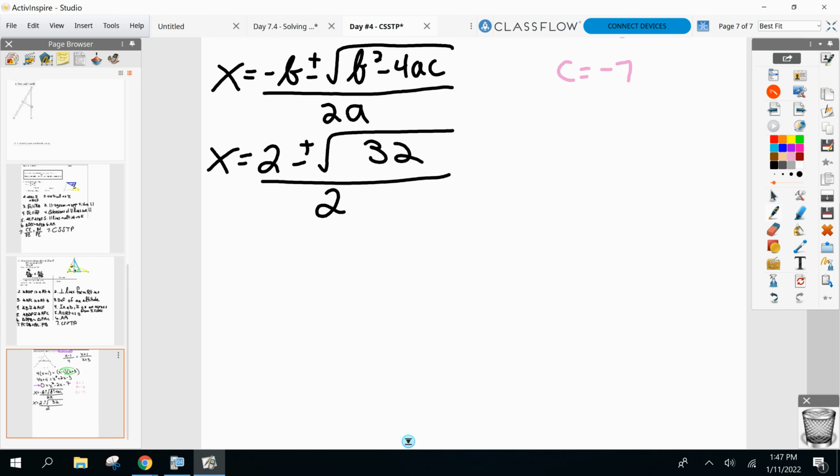Speaking of simplest radical form, go ahead, break it down, 32. Talk it over in your group. Make sure you hit the biggest one. 4 does go into 32, but it's not the biggest. Come on, keep going.